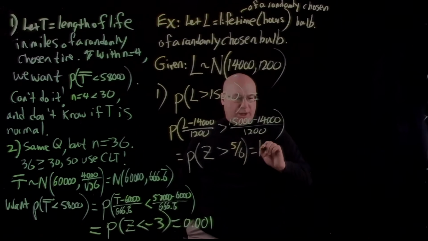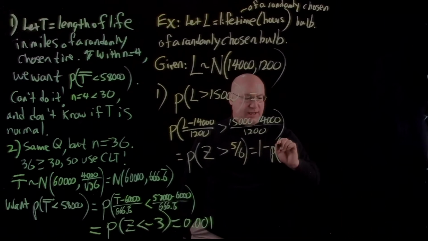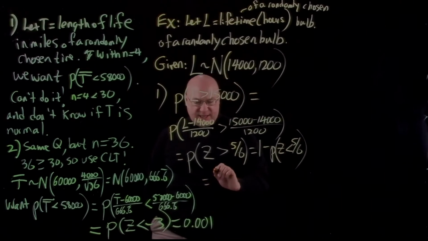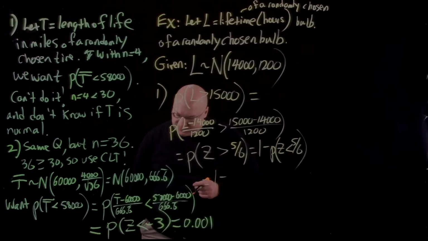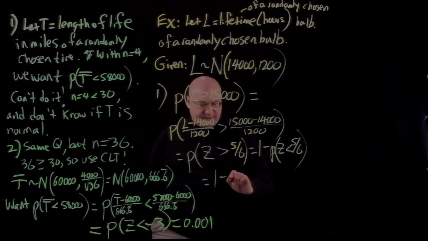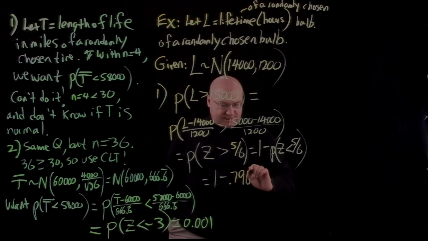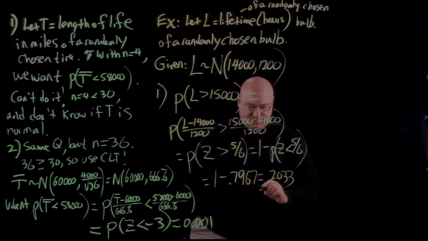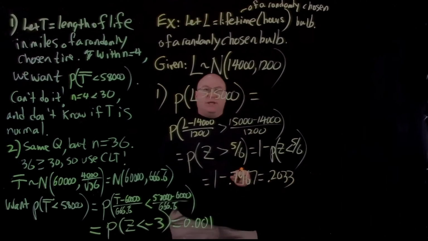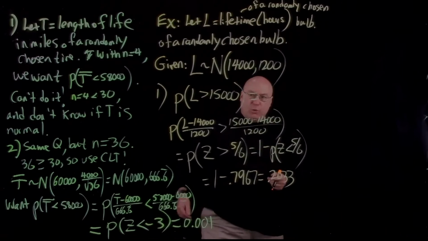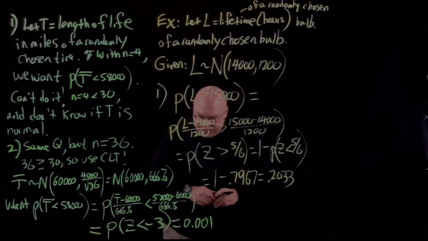So that is 1 minus the probability that Z will be less than 5/6, and that's 1 minus 0.7967, I think, so that's 0.2033. Okay, so a little over 20% chance that a bulb chosen at random will live to be more than 15,000 hours old, all right?